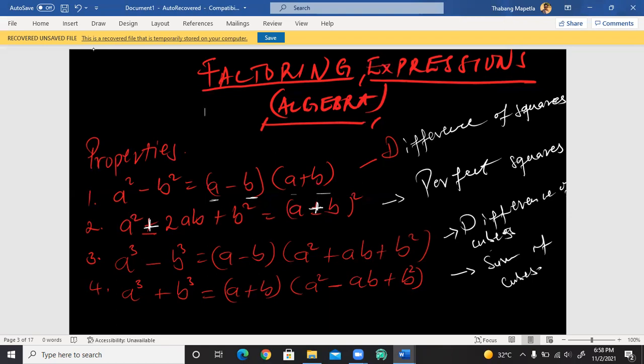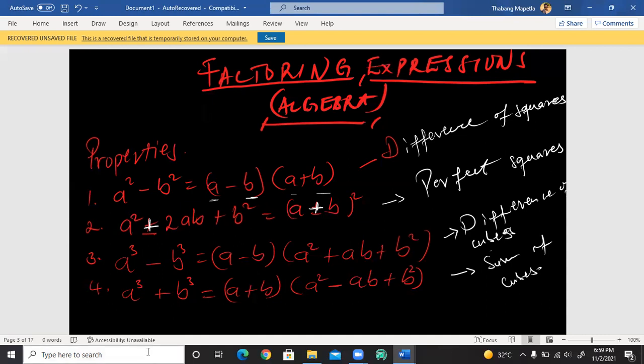And if it's a minus, if you have a squared minus 2ab plus b squared, we are going to have a minus b all squared, or a minus b times a minus b, right? We said they're perfect squares because their factors are perfectly the same. So we can write it as one factor, then put a power on it.